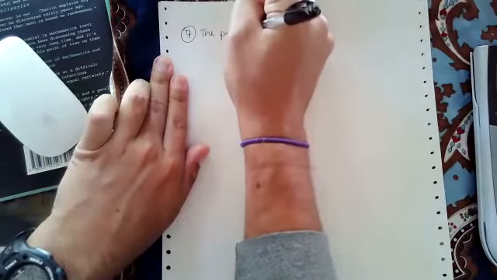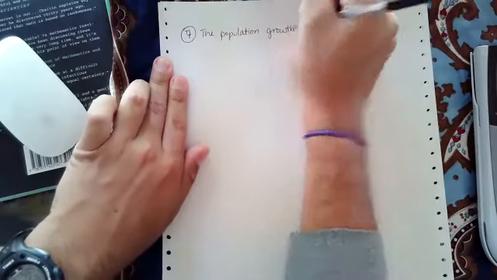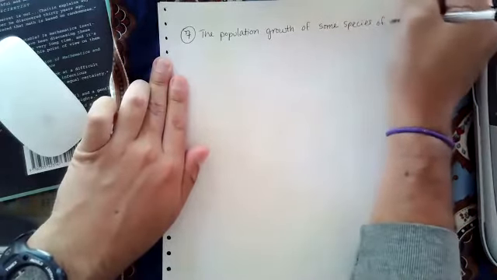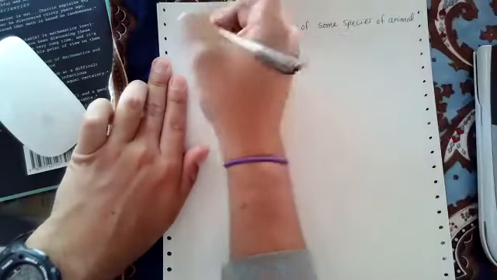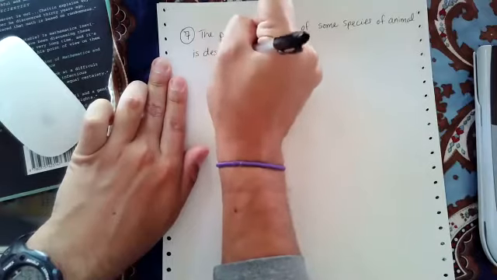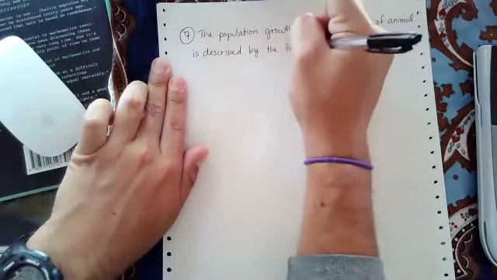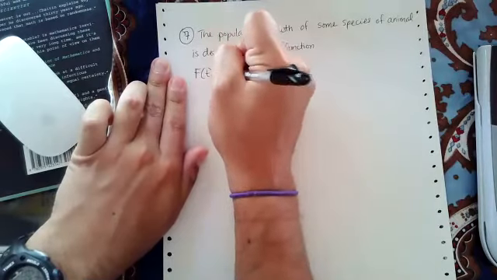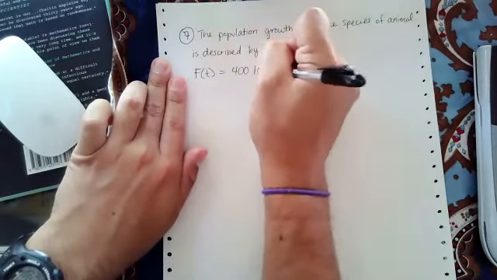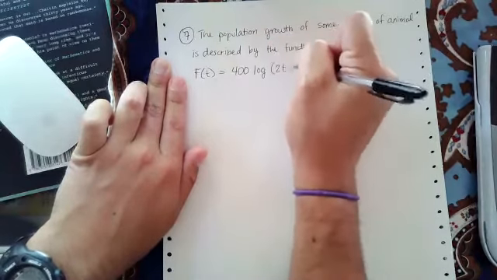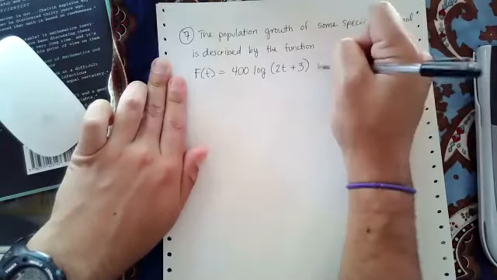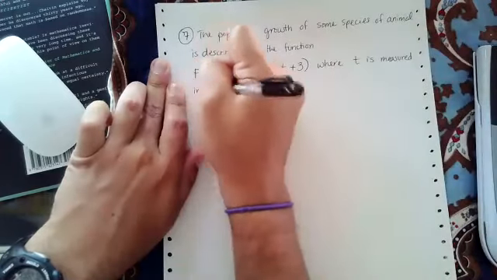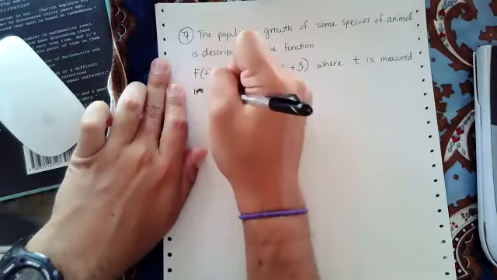The population growth of some species of animal is described by the function f of t is equal to 400 times the log of 2t plus 3, where t is measured in months. That is in months.